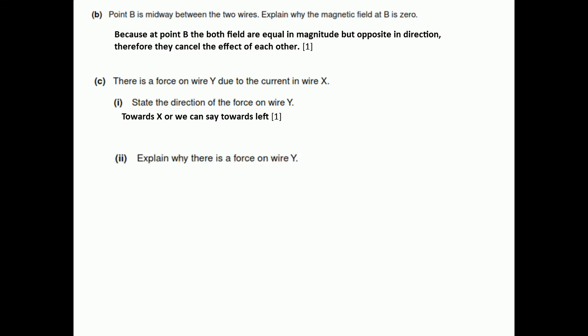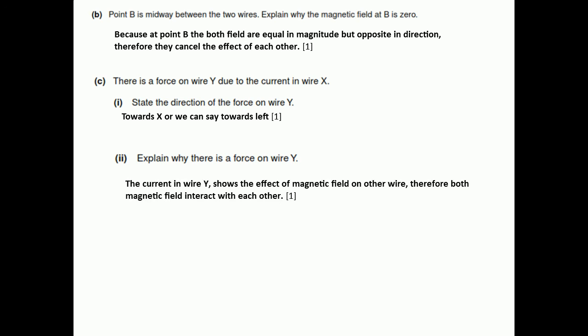Part C, question number 2. Explain why there is a force on wire Y. Dear student, according to the concept of electromagnetism, when there is a flow of current in a wire, there must be a magnetic field around that wire.